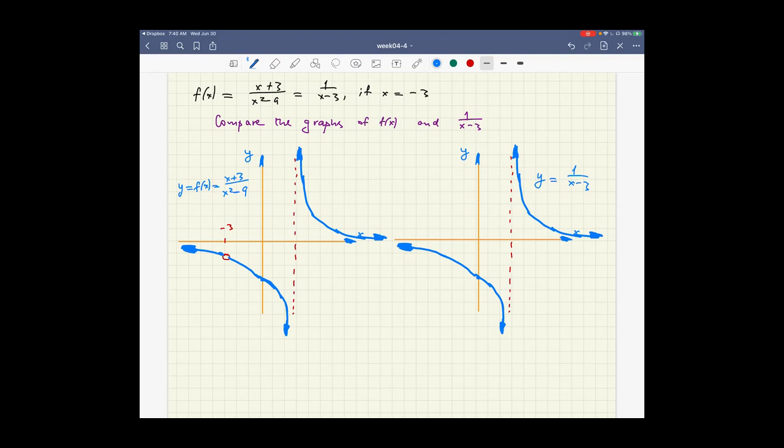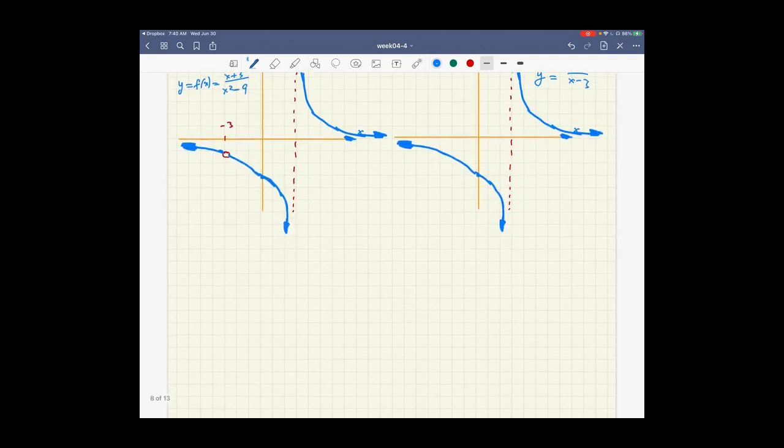As you see, they're really not the same. Their domains are different, and their graphs are different.